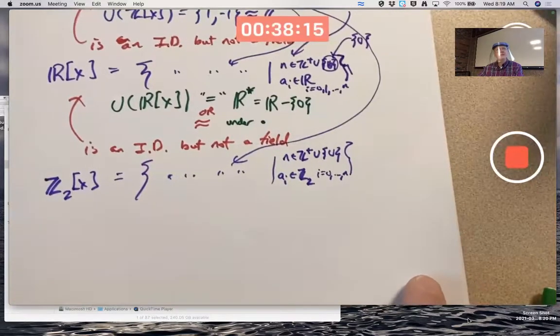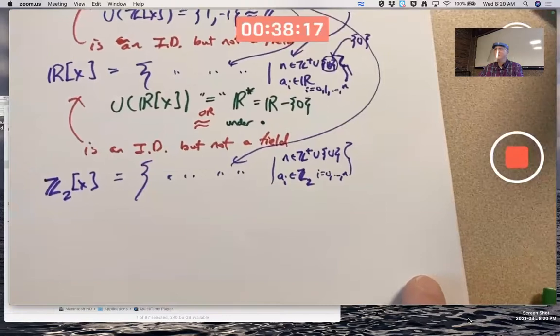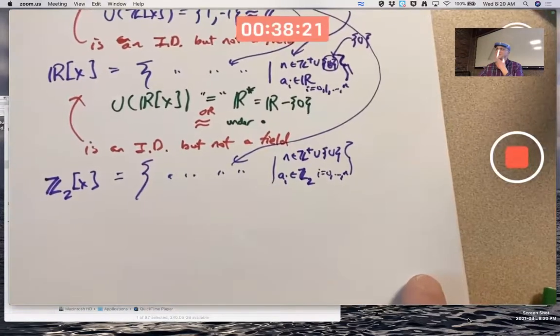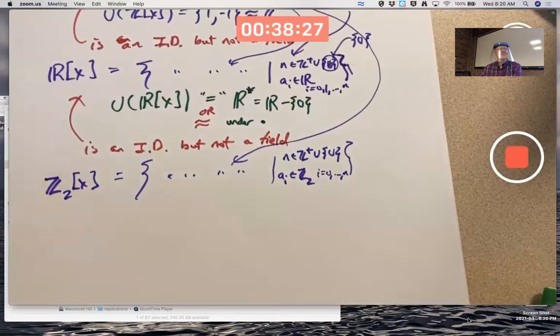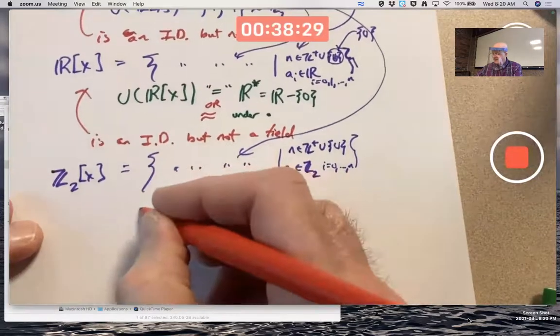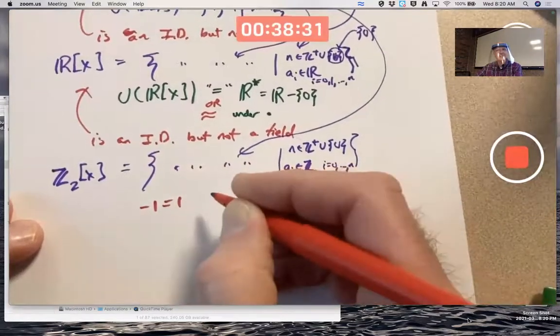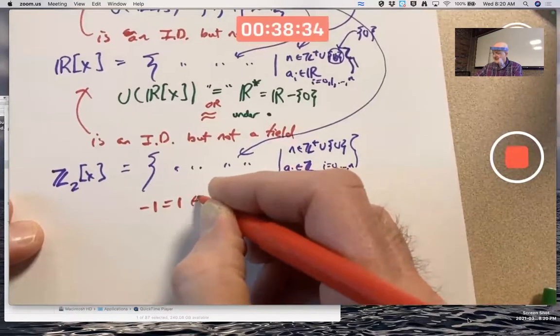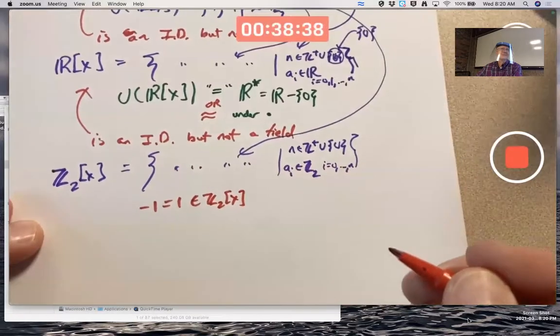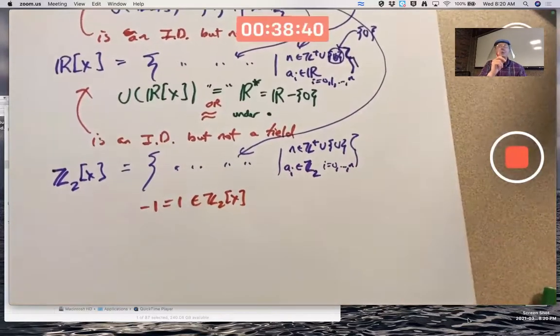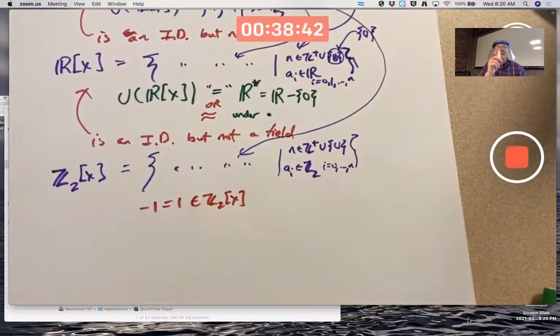I guess 1 is still a unit, the constant polynomial 1. But what about -1? Well, the constant polynomial -1 really equals 1 in Z2[x] because you mod by 2. There are only finitely many polynomials of any given degree in this.